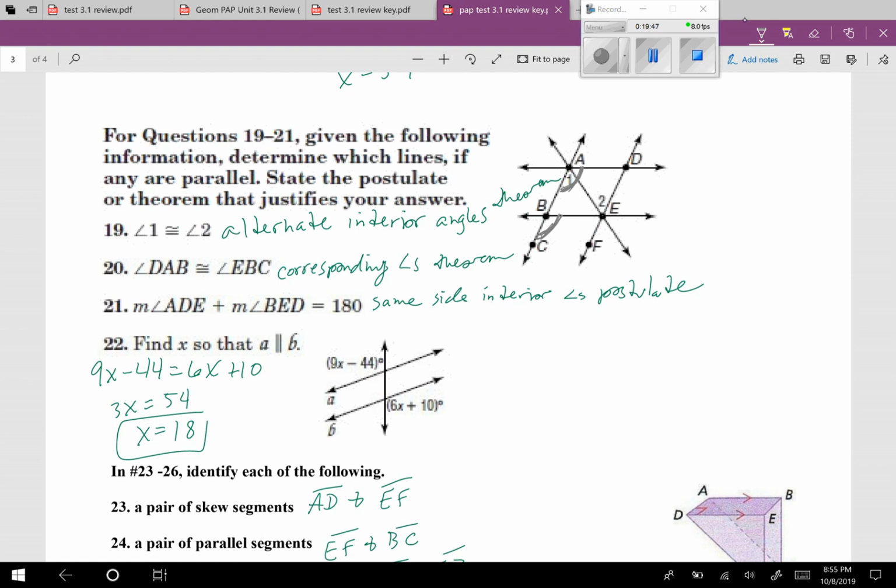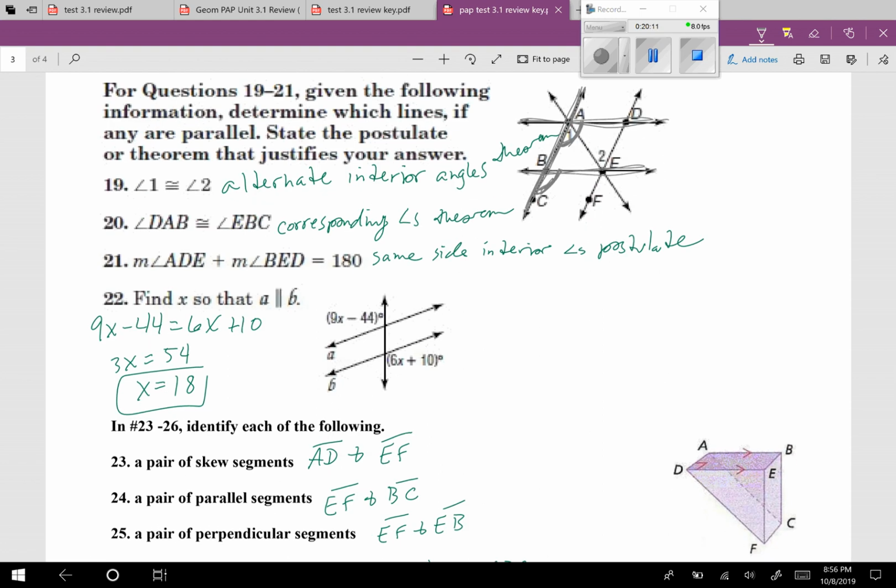So here we would have our parallel lines cut by this transversal. And so what are these angles? Well, they're corresponding angles. And so since we know that the lines are parallel, it's the corresponding angles theorem.